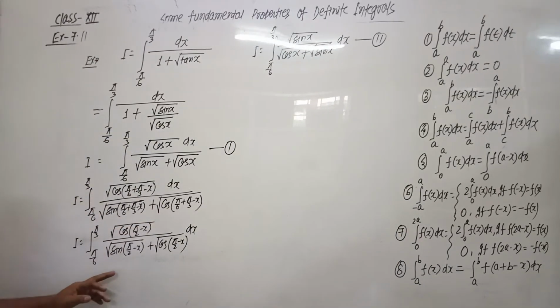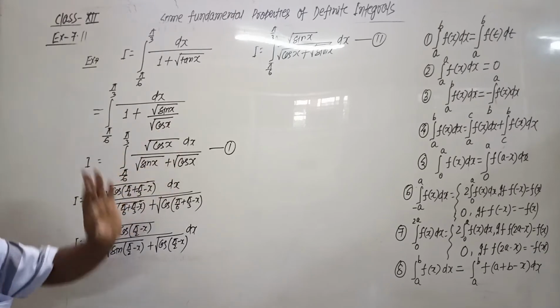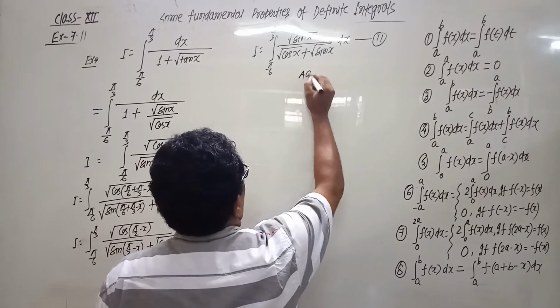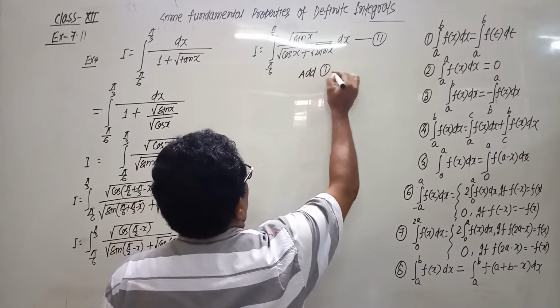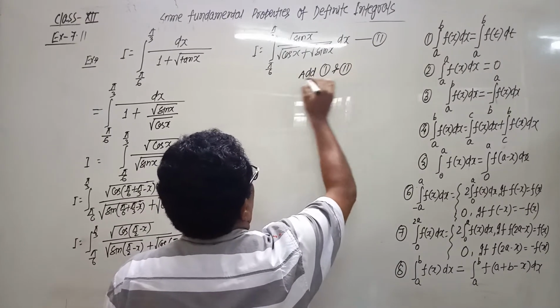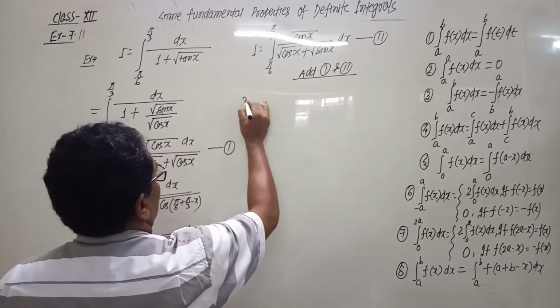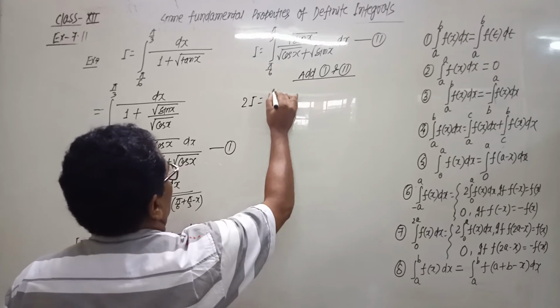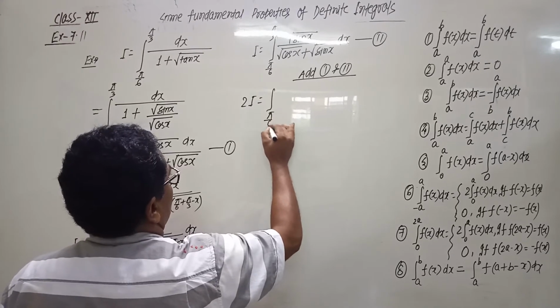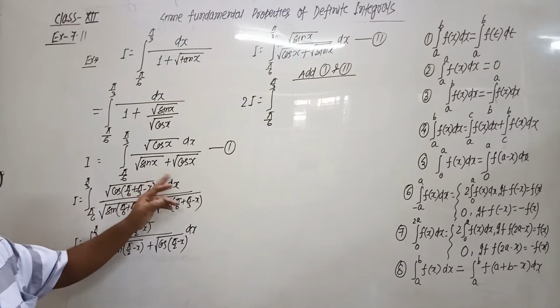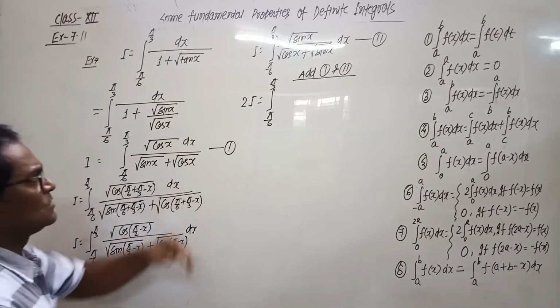This was first equation and this is second equation. Now add first and second. Add equation number 1 and 2. So on the left side I plus I becomes 2I, equals integration limit pi by 6 to pi by 3. The denominator is the same, root sin x plus root cos x.